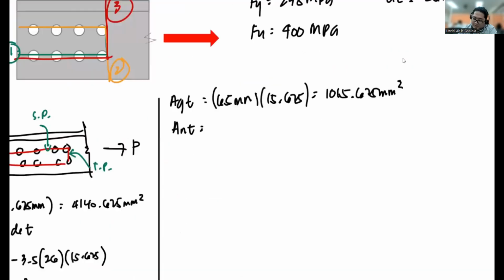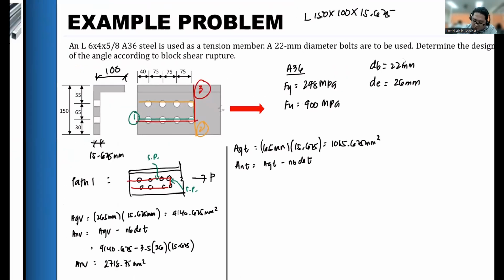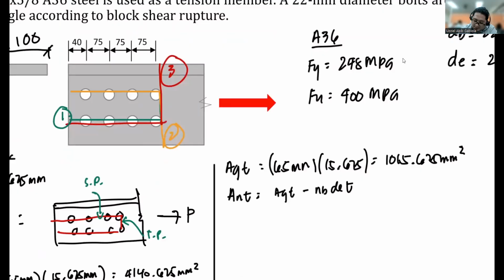And then we have ANT. So that will be AGT minus the number of bolts times DET. So how many bolts do we have now? Only this portion. So we have half here and another half here, so that is 1.0.